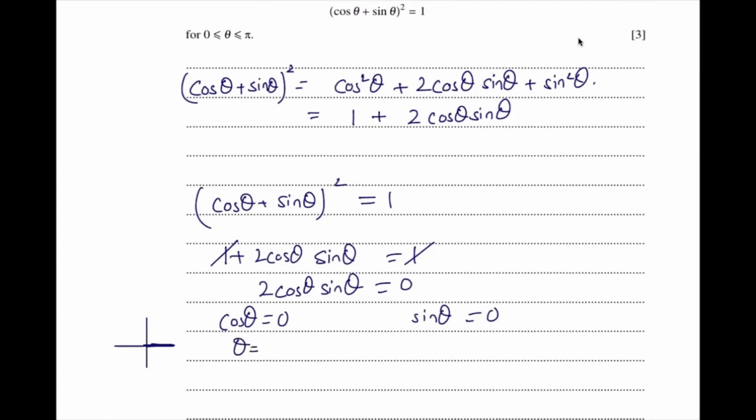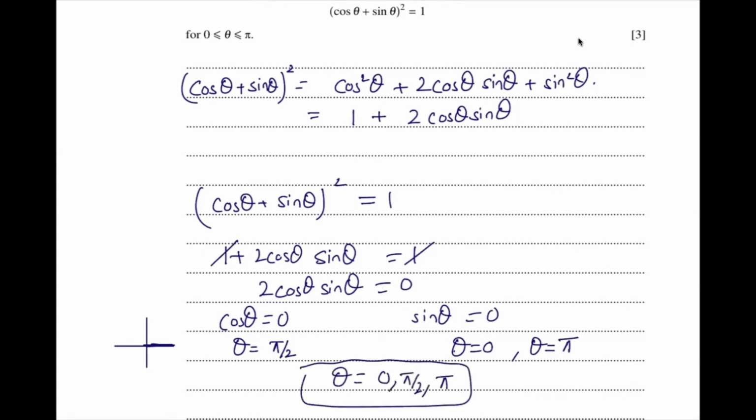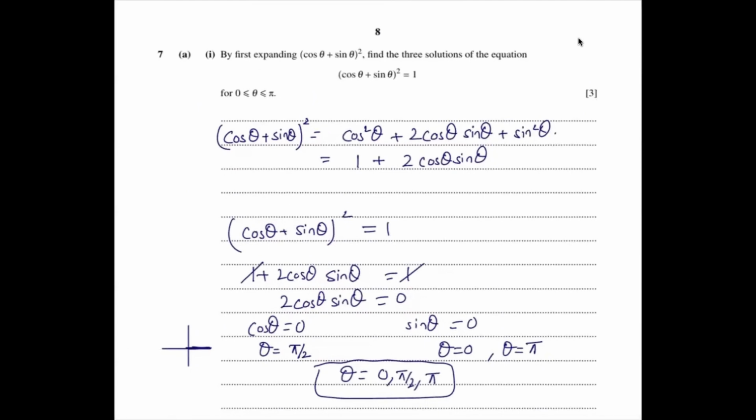So one of the angles for theta is going to be pi upon 2. And sine theta is equal to 0. So that's going to be theta equal to 0. If you take sine inverse of 0, that is going to be theta equals to 0. And the other angle is going to be pi minus 0, that is pi. So the 3 angles for theta would be 0, pi by 2, and pi. These are the 3 solutions for the first part.